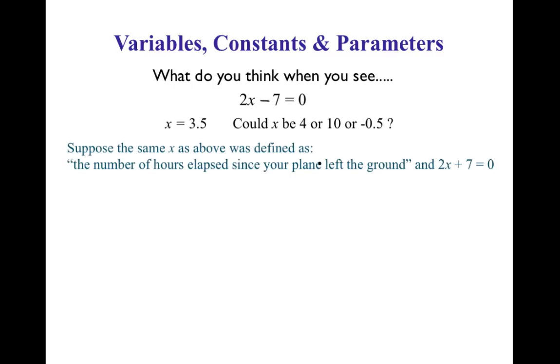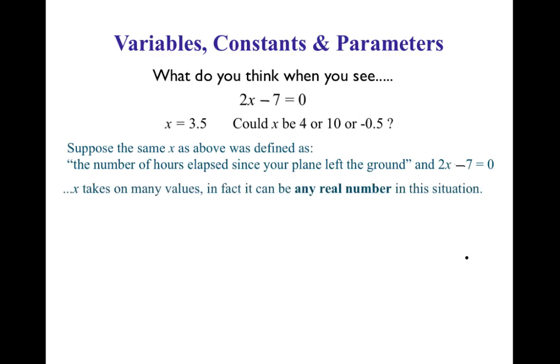suppose that same x, this is the same x now from that equation, is defined as the number of hours elapsed since your plane left the ground. And 2x minus 7 equals 0. Can x be 4?